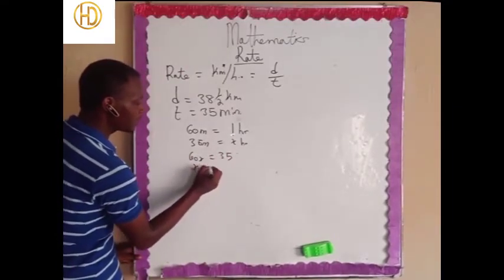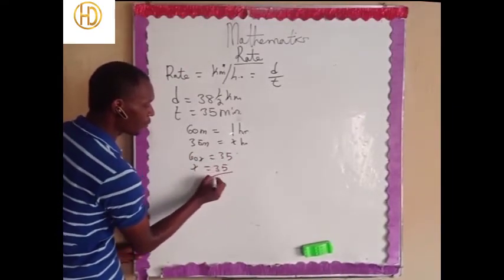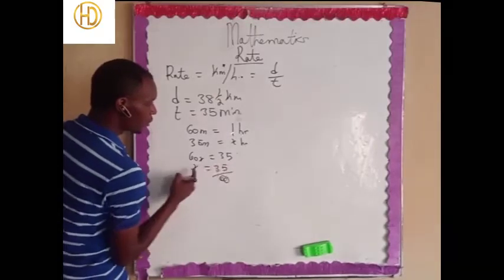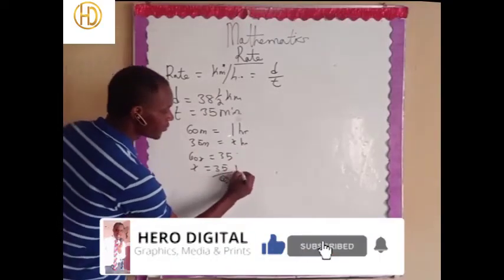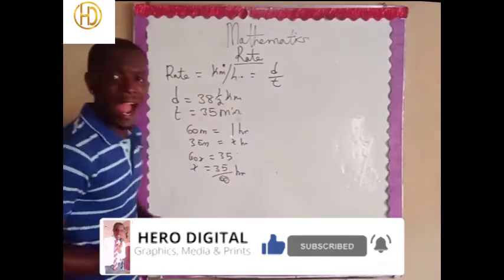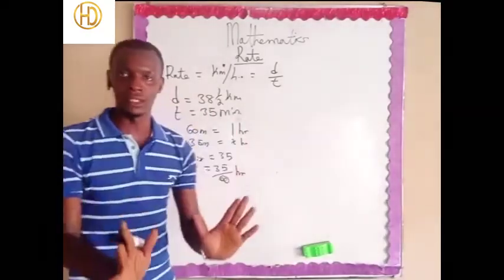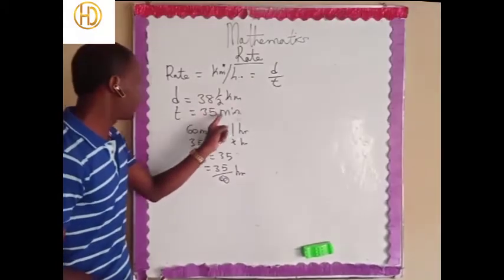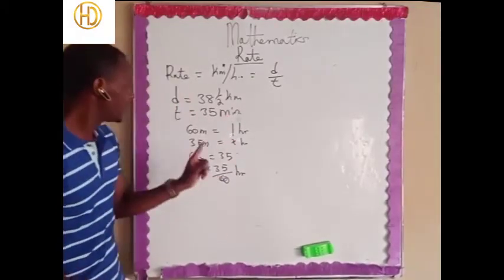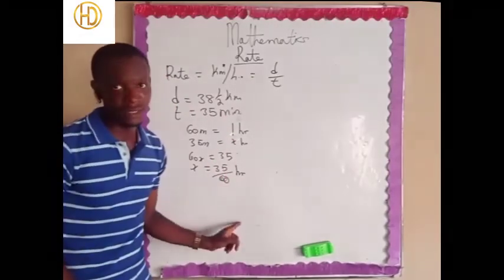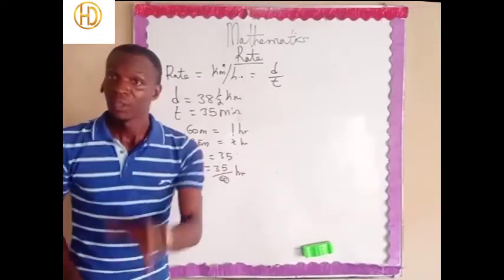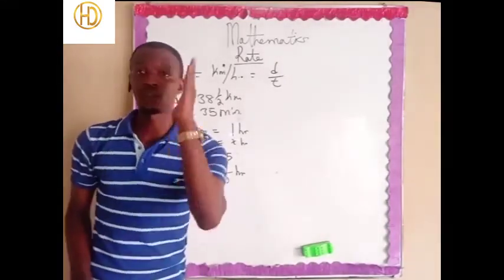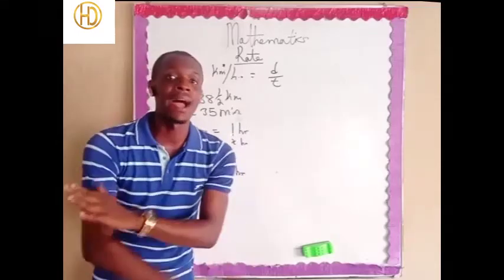So S equals 35 over 60. I have converted my minutes to hour. That means 35 minutes is the same thing as 35 over 60 hour. In short, if you want to convert from minutes to hour, just divide by 60.